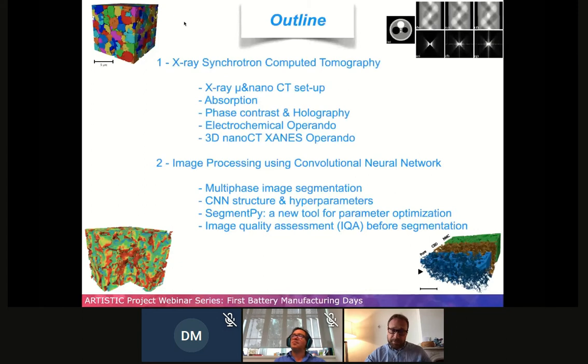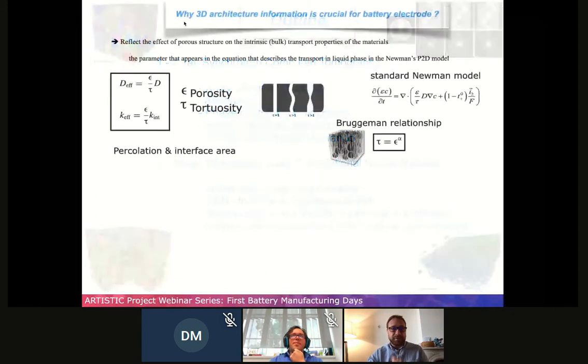And we will also see a new tool that Xiliang Zhu made called SegmentPy, which is a tool to optimize the hyperparameters for CNN. And finally, we will discuss a new point for the group around the image quality assessment before the segmentation.